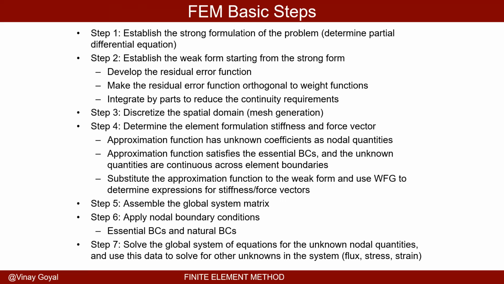But now these coefficients do have physical meaning, and it is actually, in fact, the nodal unknowns of the variables of interest. And by making that happen, I'm able to determine the stiffness and force vectors. So the column of unknowns is based on those nodal unknowns.